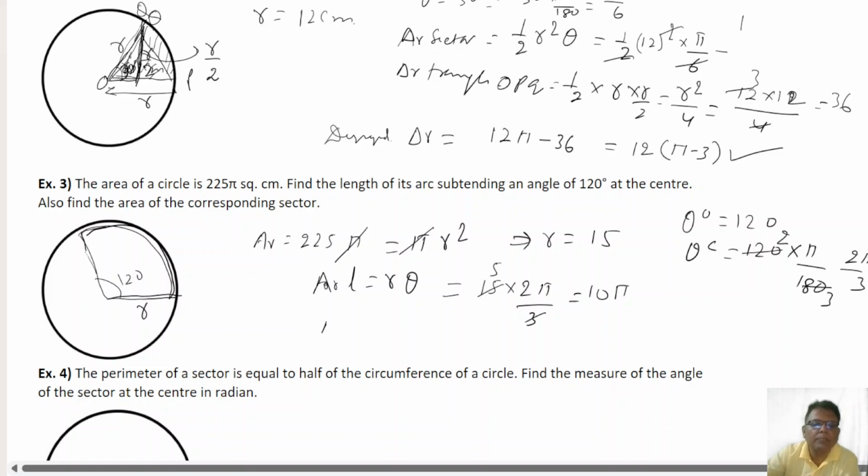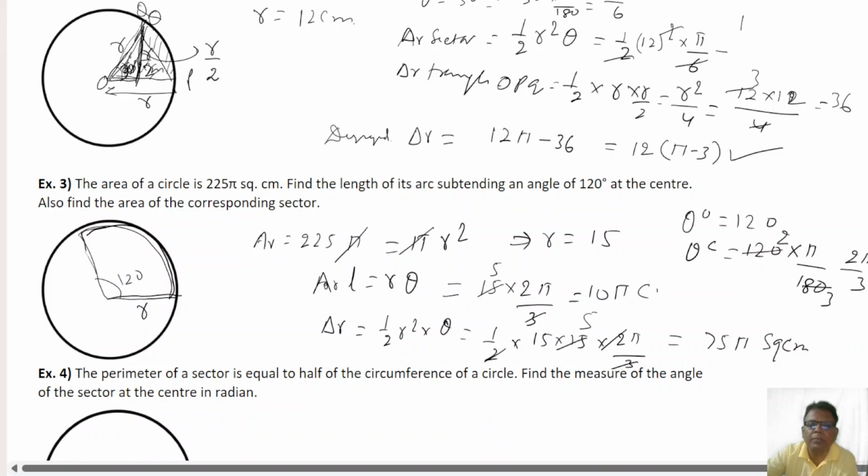Then you find the area of sector, which is equal to half r square theta. What is theta? 2 pi by 3. So half into 15 into 2 pi by 3, that is equal to 75 pi square centimeter.